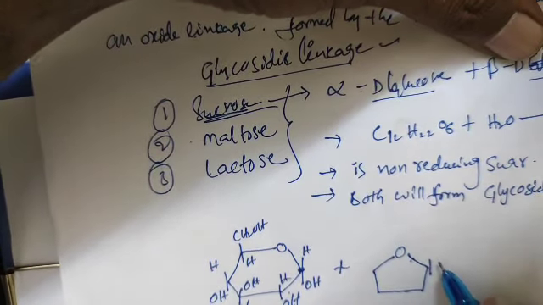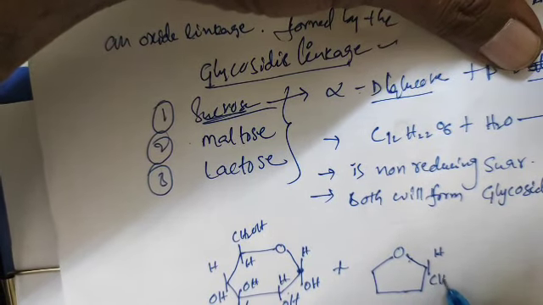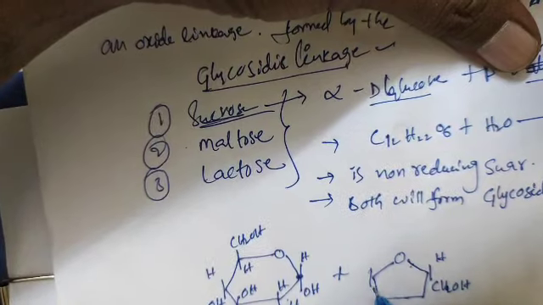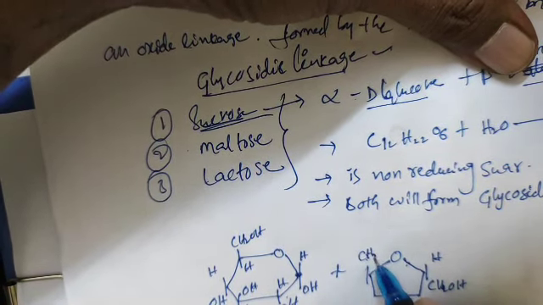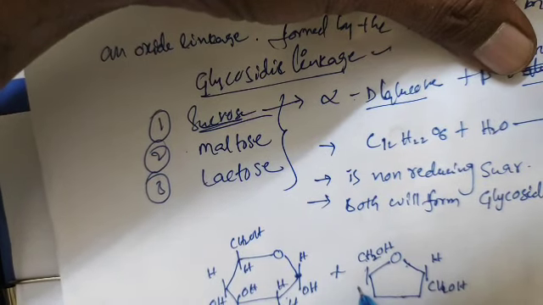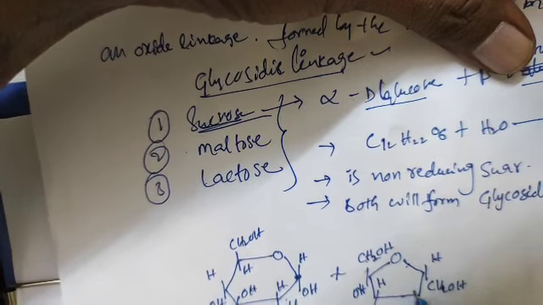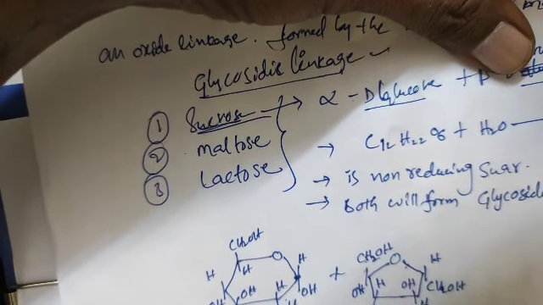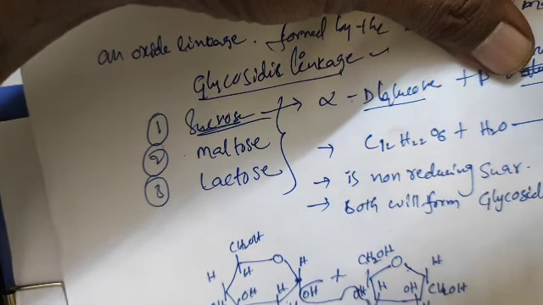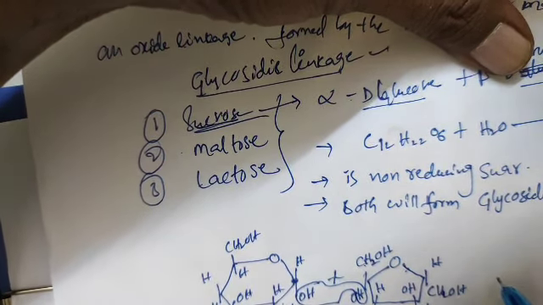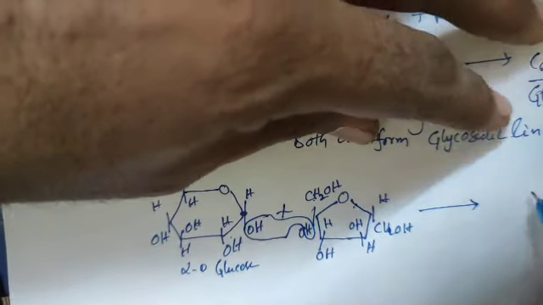Here H, CH2OH, here CH2OH, here one OH group, here inside H, here inside OH. From here H2O is removed, so we get water.